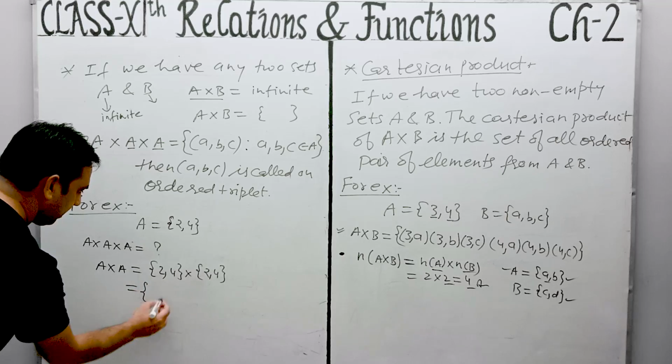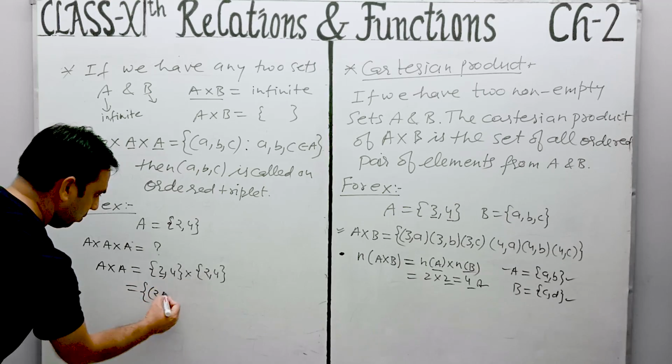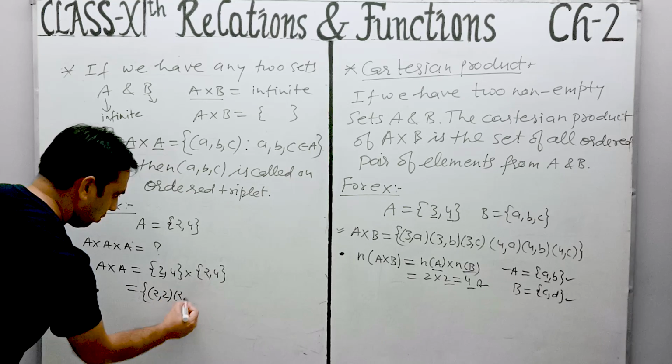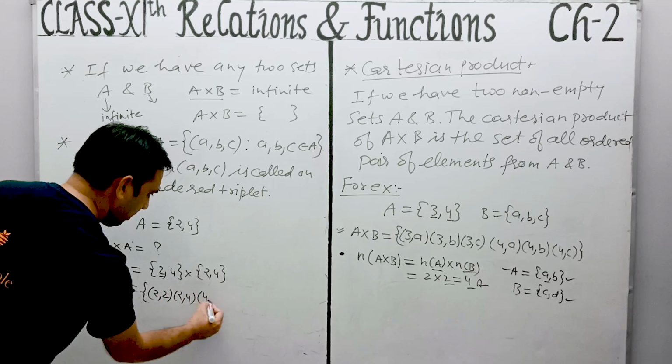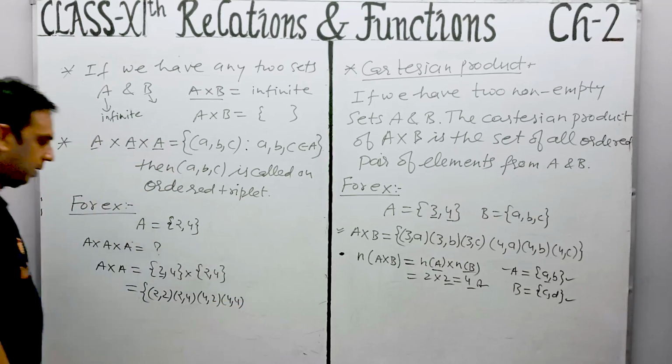So we can form the ordered pairs 2, 2 and 2, 4 and 4, 2 and 4, 4. Right?